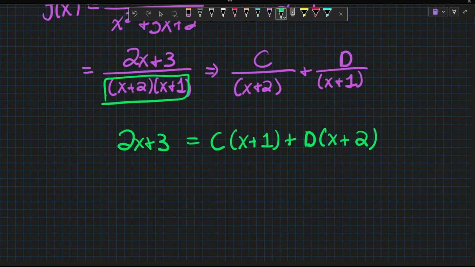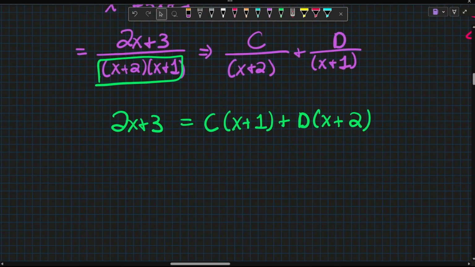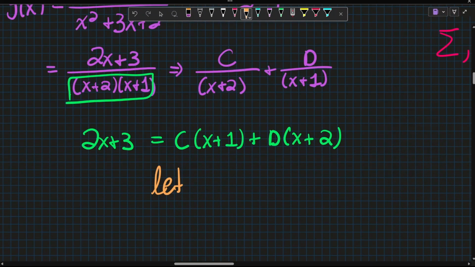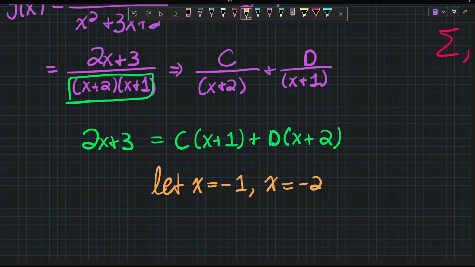Again, you can use any method of figuring out these constants that you like, but I think the best way to do it, especially with these, is besides expanding them out, we just say let x be two strategically chosen numbers, which would be -1 and -2, right?